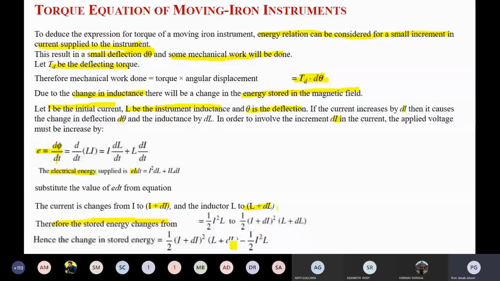Initially the stored energy was half L I square. Now it is changed to half (I plus di) whole square into (L plus dL). So you can multiply both of them and subtract the initial stored energy.